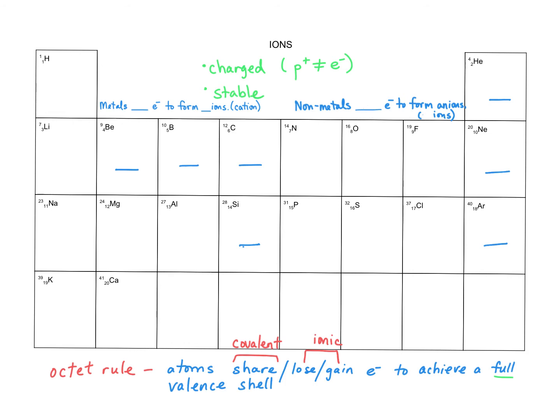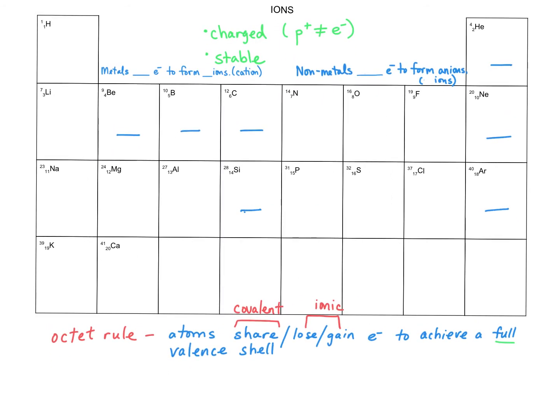And so you'll see what I've written here at the bottom, the octet rule, that atoms either share, lose, or gain electrons to achieve a full valence shell. If atoms that are not stable share electrons to become stable, that forms a covalent bond.